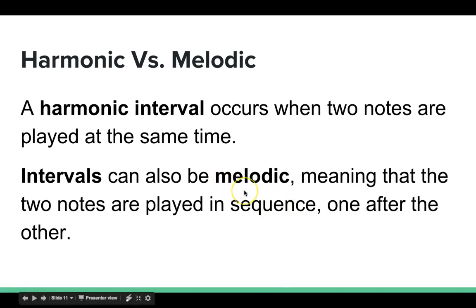But intervals can also be played melodically, like this, meaning that the two notes are played in sequence or one after the other, thus creating melody. So there's harmonic, meaning harmony, and then melodic, meaning melody, when the notes are played in sequence, one after the other.